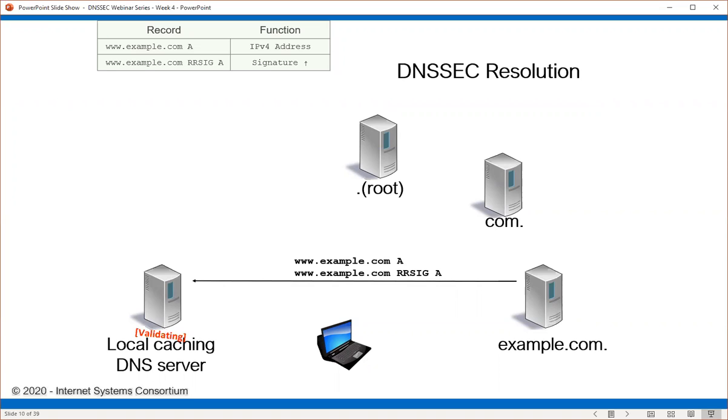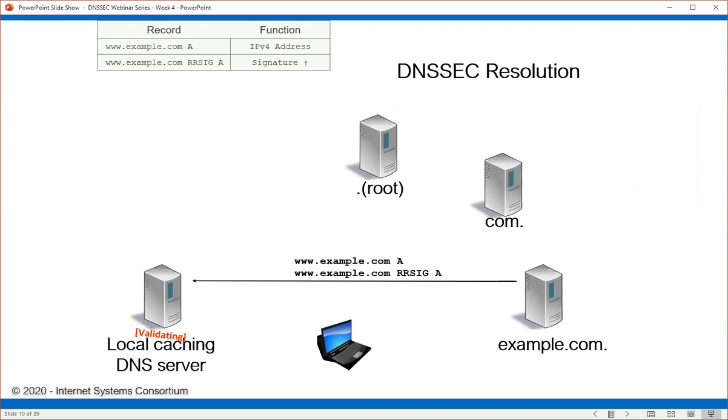If there are multiple A records, they're all going to come back, and there's only going to be one signature associated with all of the A records at that specific label. In the upper left-hand corner, I'm keeping track of what is being remembered on the local caching DNS server. We see that the A record, the IPv4 address record, is remembered, as is the signature, the RRSIG, on that A record.